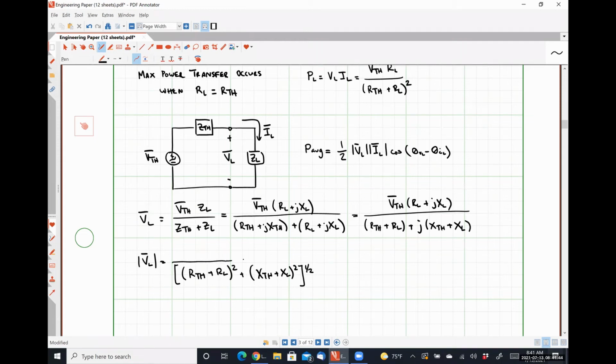And then in our numerator, we'll have the magnitude of the Thevenin voltage multiplied by the magnitude of just that load impedance. So that would be RL squared plus XL squared to the 1/2 power.